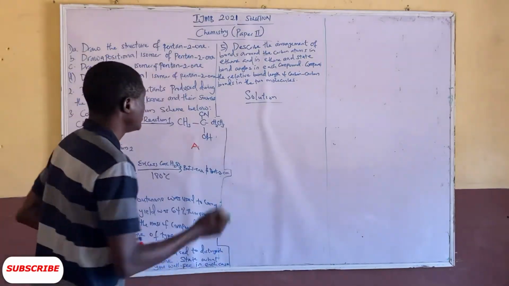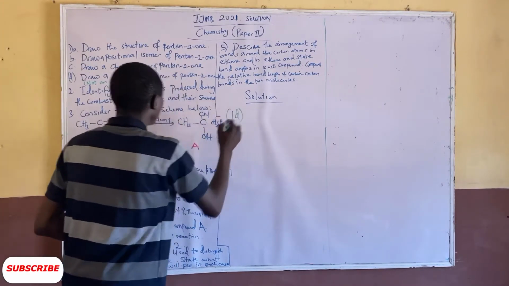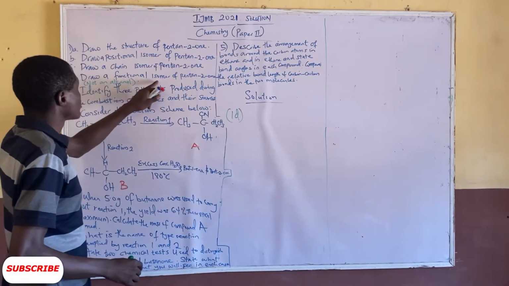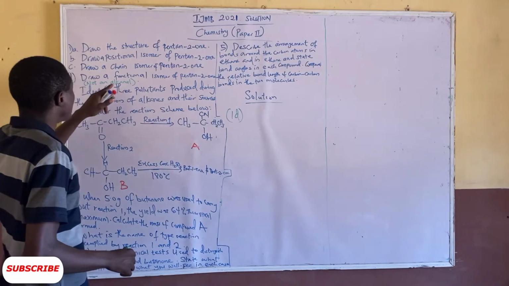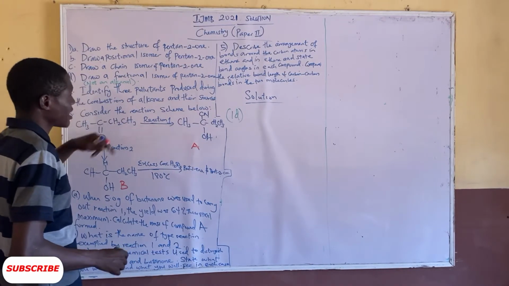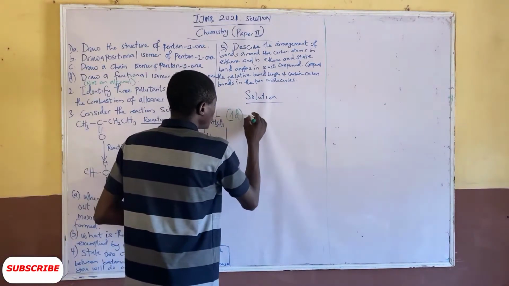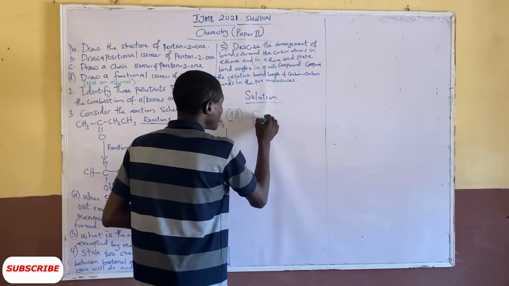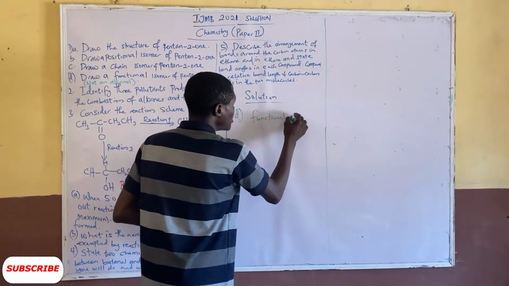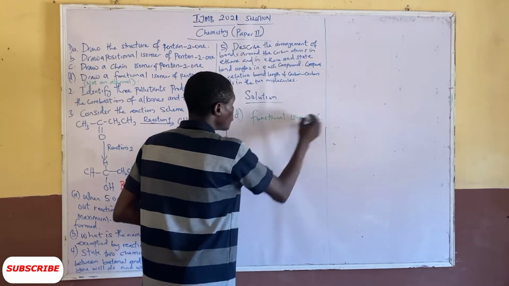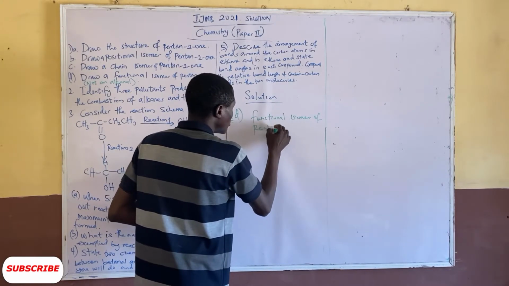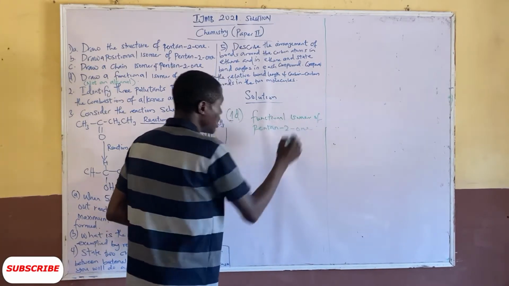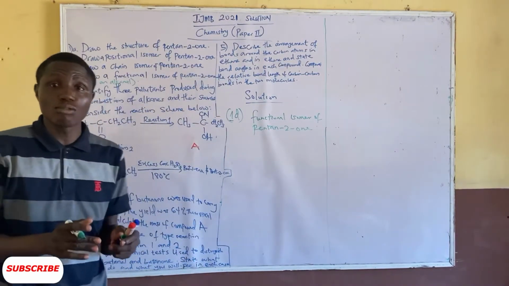Question number 1D says that we should draw the functional isomers of pentan-2-one, not an alkanal. So draw the functional isomers of pentan-2-one.